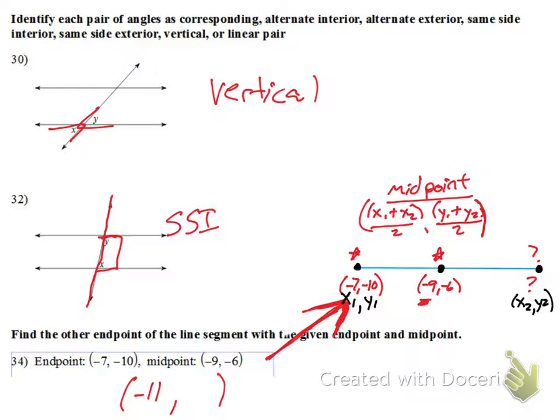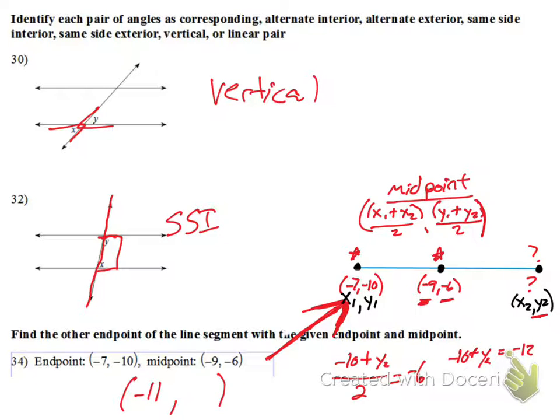Do the same thing for the y's. I have my first y1, which is -10, plus my y2 over 2 is going to equal -6, my midpoint. So then I would multiply each side by 2. I get -10 plus y2 is equal to -12.